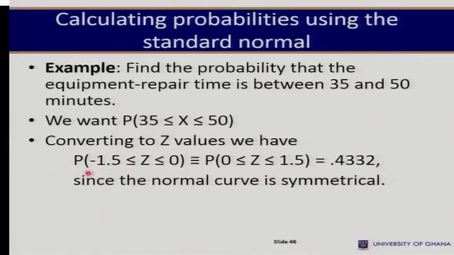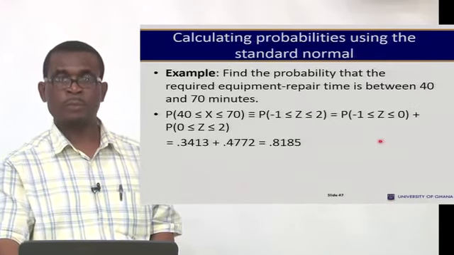But the probability that it lies between minus 1.5 and 0 is the same as it lying between 0 and 1.5, because the curve is symmetrical. So all you have to do is to read in the half table for 1.5 under 0.00, and it gives you 0.4332.